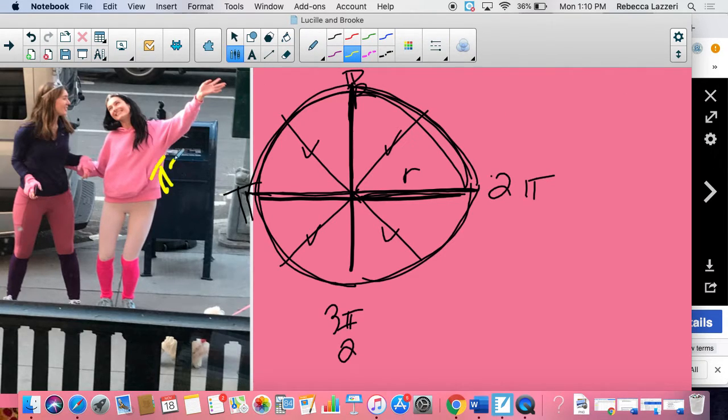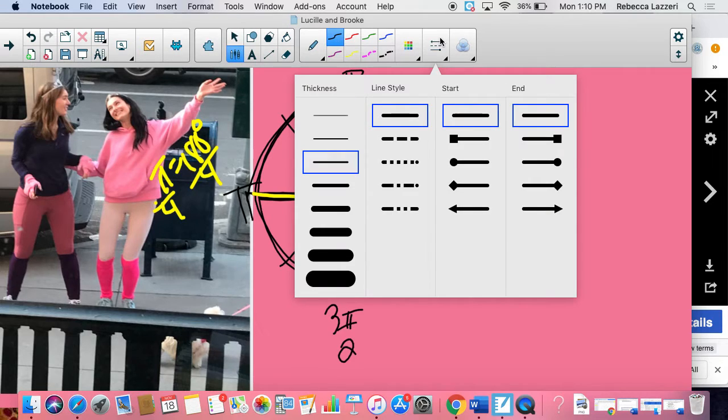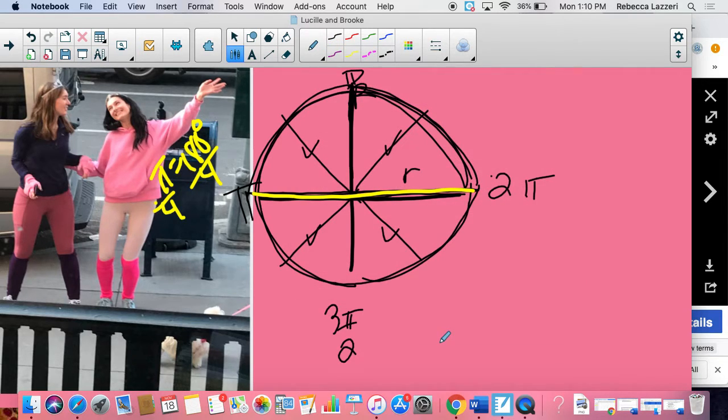So pi is 180 degrees, and if I divide pi into 4 equal parts, how many degrees is each? 45. Are y'all okay with that? Because half of pi is 90, so half of that would be 45. So this is 1 pi divided into 4 equal parts.